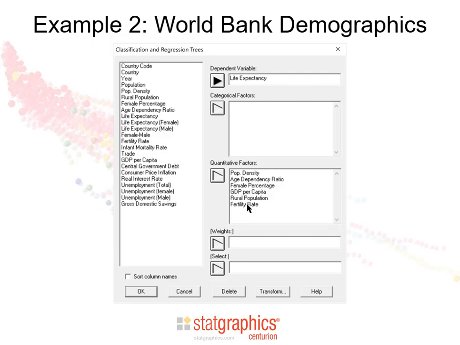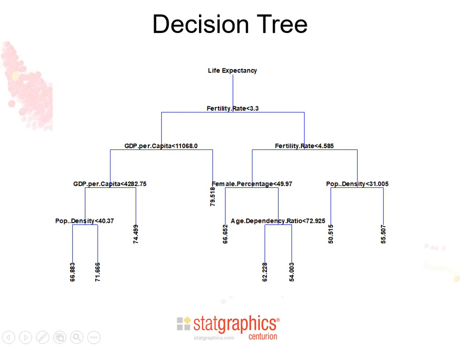Now, I won't go through the whole analysis for you, but I will show you what the result is so you can see what the difference is between classification trees and regression trees.